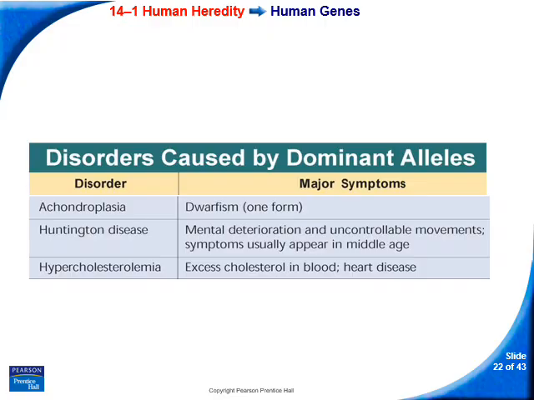Then you have hypercholesterolemia. We all know, and you will discover it too, that in your digestive system and the actions of your liver, the liver naturally produces cholesterol, because we need cholesterol in the production of our cholesterol-based hormones: estrogen, progesterone, testosterone, hydrocortisone.